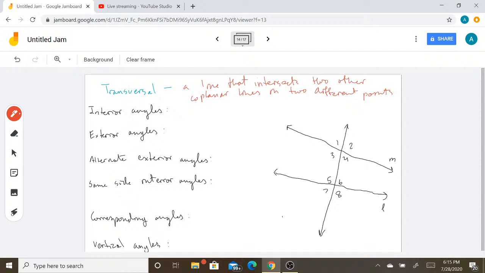So here on the right side, this diagram has two lines, M and L, and this line splitting both of them at two different points is the transversal. So with the transversal comes many different angles that are created on these lines M and L. So interior angles, if we were to identify them on this diagram, they would be the angles 3, 4, 5, and 6.